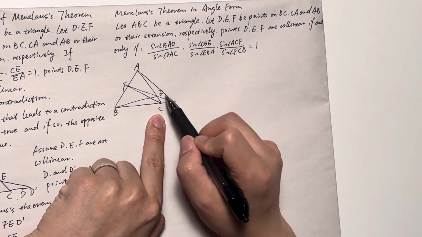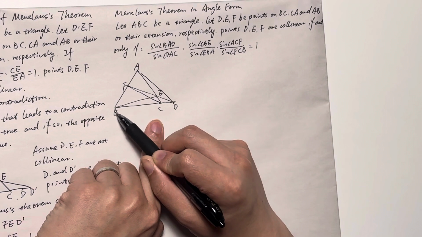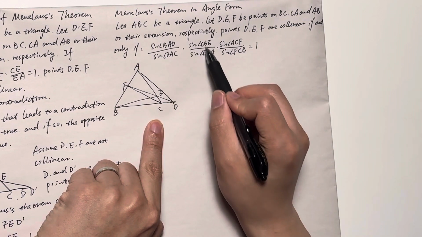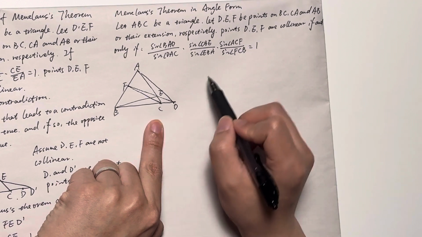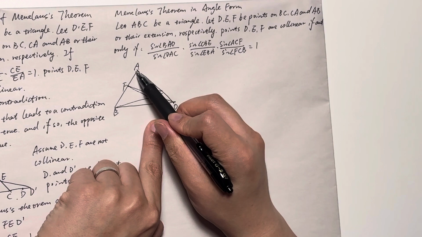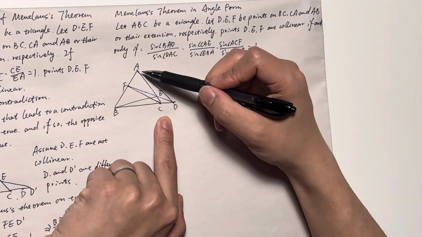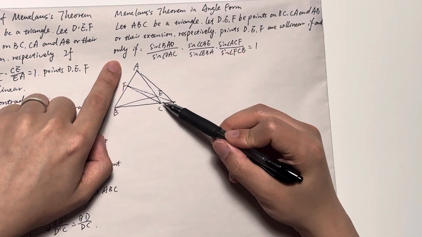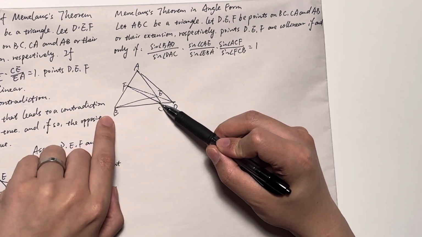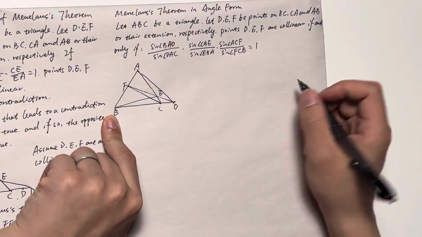And for the denominator, from the intersection point go back to the same vertex and then go to the next vertex. Similar thing here. So vertex, intersection point, go back to the vertex and then go to the next vertex.